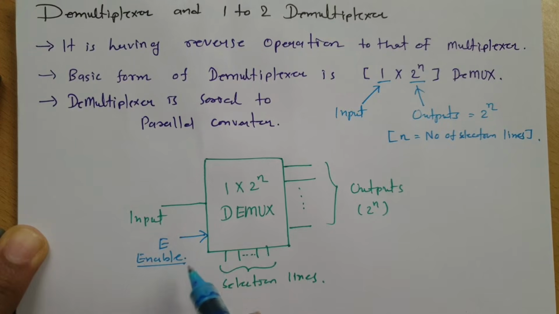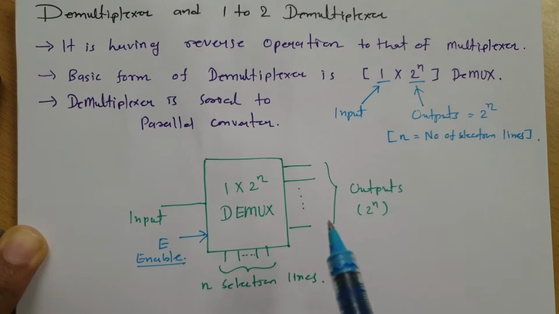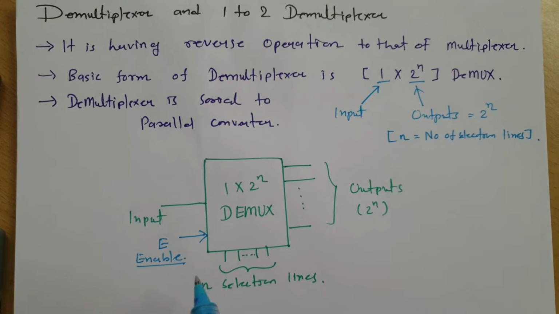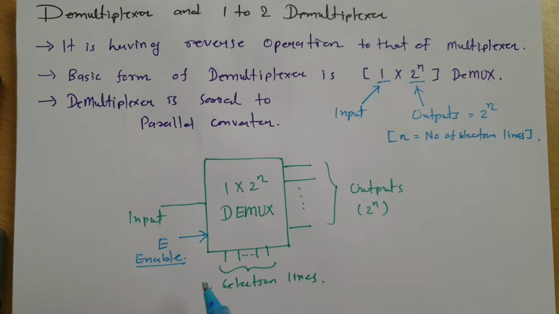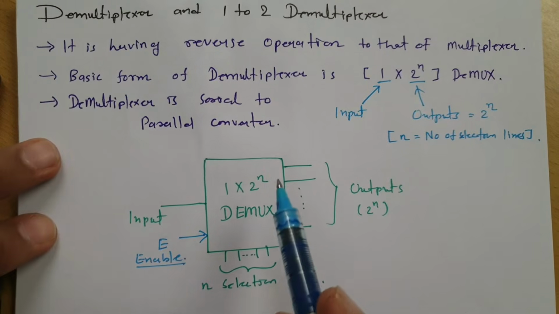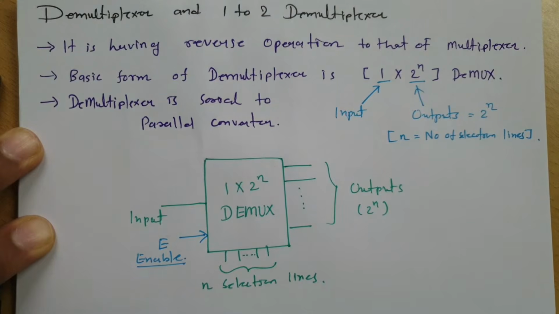If this enable terminal is 0, all outputs will be 0, no matter what the selection lines are. But when the enable terminal is 1, you will find the operation of this demux. To understand how it operates, I should give you a practical example, so we will study the 1 to 2 demultiplexer in this session in detail.